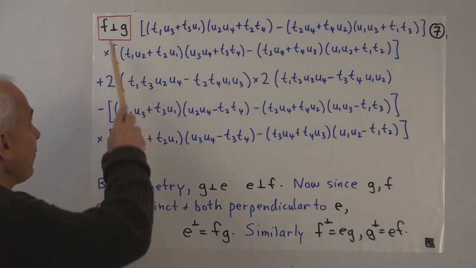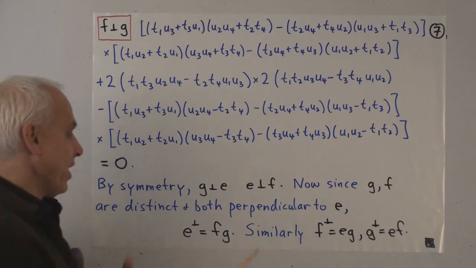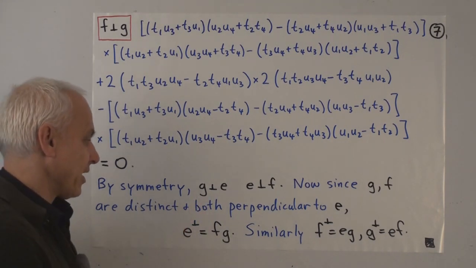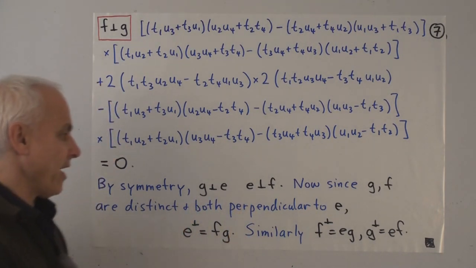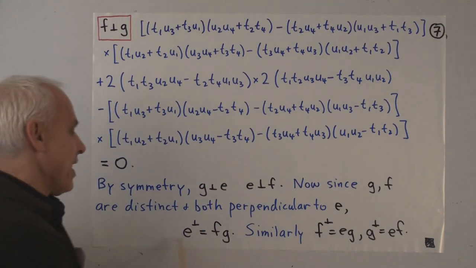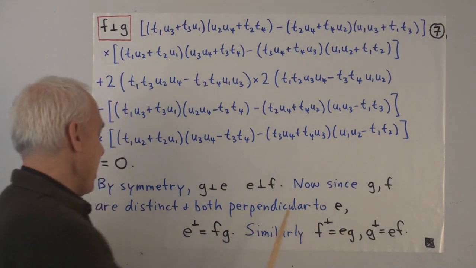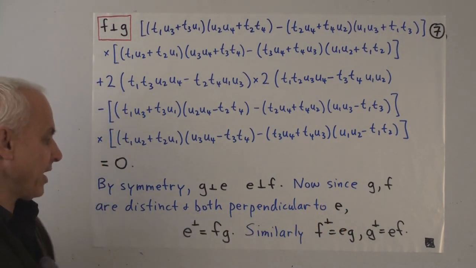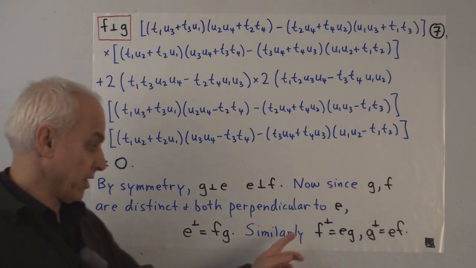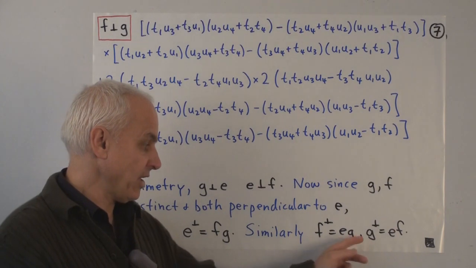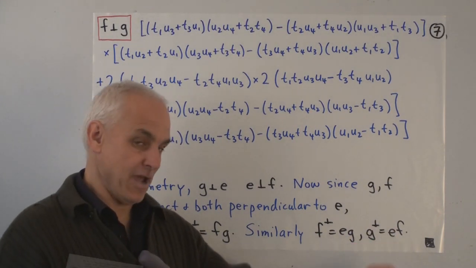Okay, by symmetry, once we've proven F is perpendicular to G, it's the same story. G is also perpendicular to E, and E is perpendicular to F. And now what I said before: since G and F are distinct and both perpendicular to E, the dual of E is in fact FG, and similarly the dual of F is EG, and the dual of G is EF.